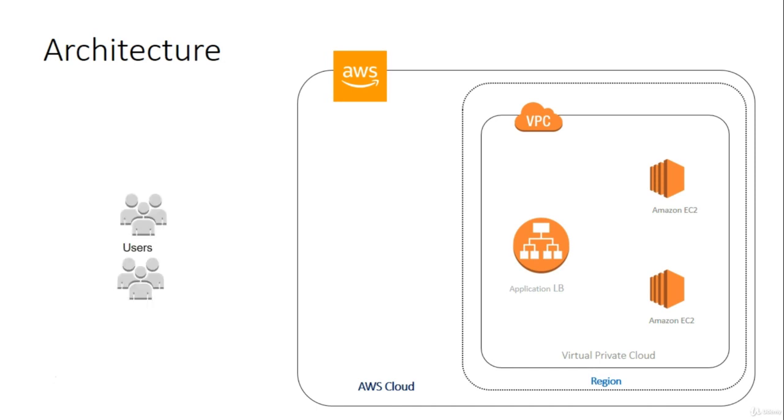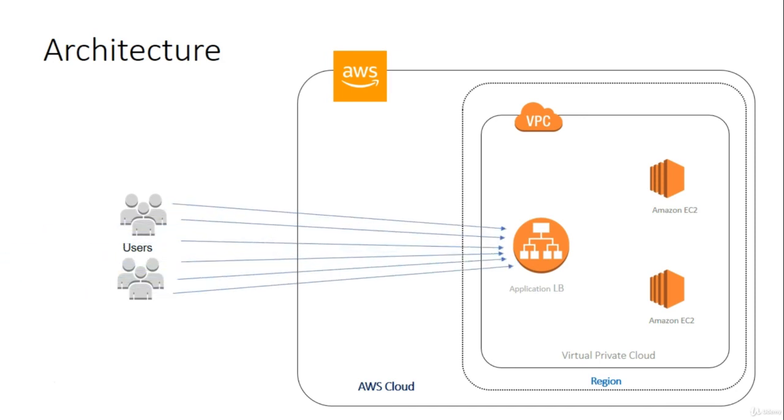Then come the users. We have 6 users right now, and they are trying to send requests to our application which is there in Amazon EC2, and those requests will be served through the application load balancer.